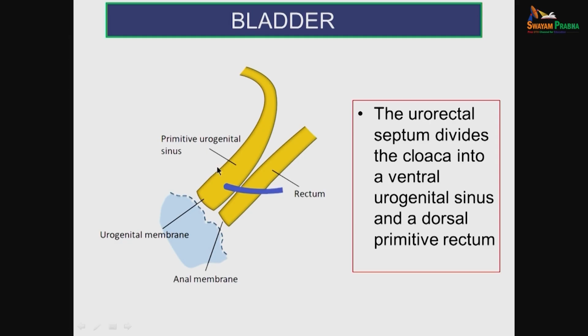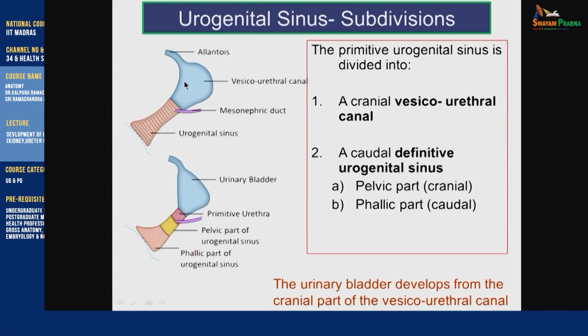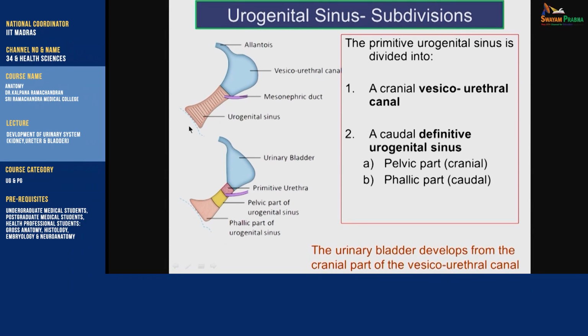For this lecture, we will focus on the primitive urogenital sinus because of its relevance to the development of urinary bladder. So, this primitive urogenital sinus is again subdivided into a cranial part, what is shown in blue color, and a caudal part.